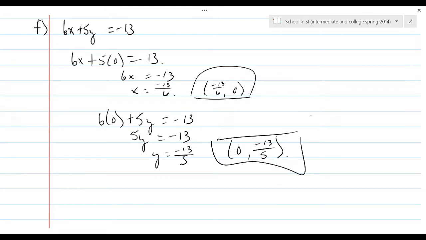Let's go ahead and jump into number 3, where the directions read, find the midpoint of the line segment with the given endpoints. Before we can begin, we have to know what the midpoint formula is.